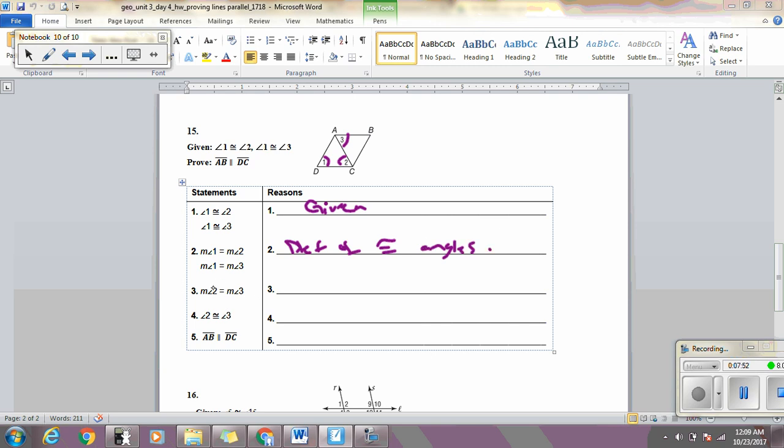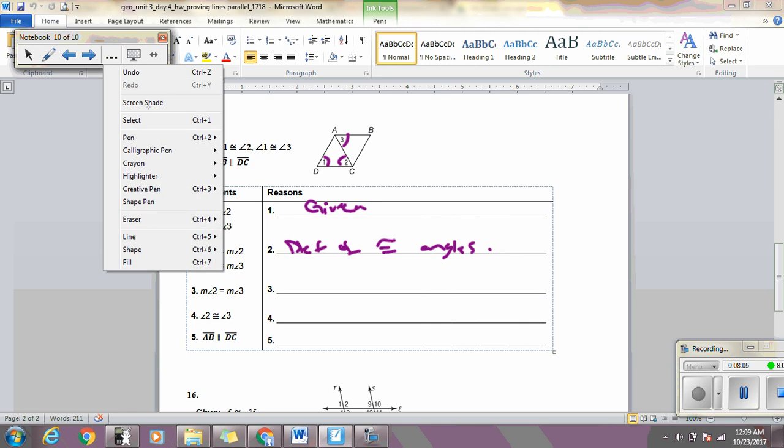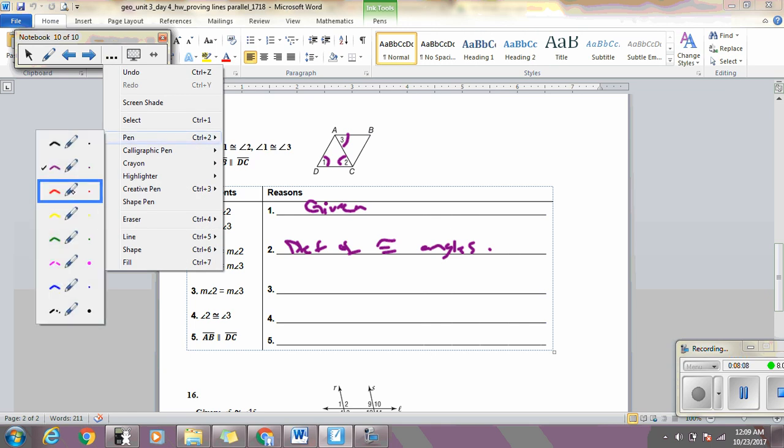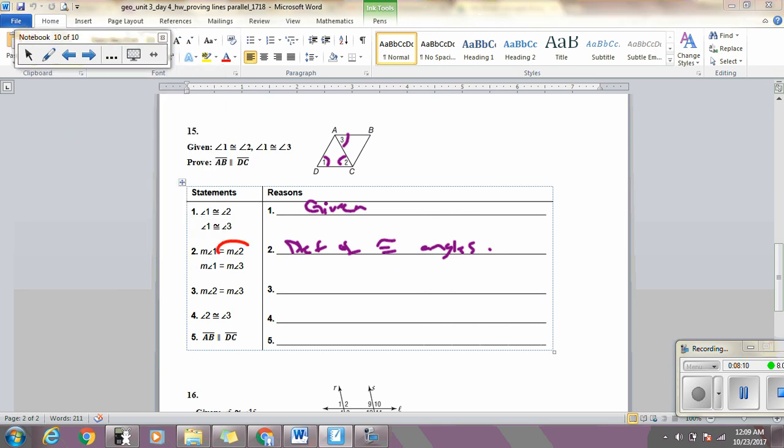And notice now it's saying the measure of angle 2 is equal to the measure of angle 3, and that is by substitution, because angle 2 replaced angle 1 on the left side of that equation. So it was a substitution between lines on line 2.